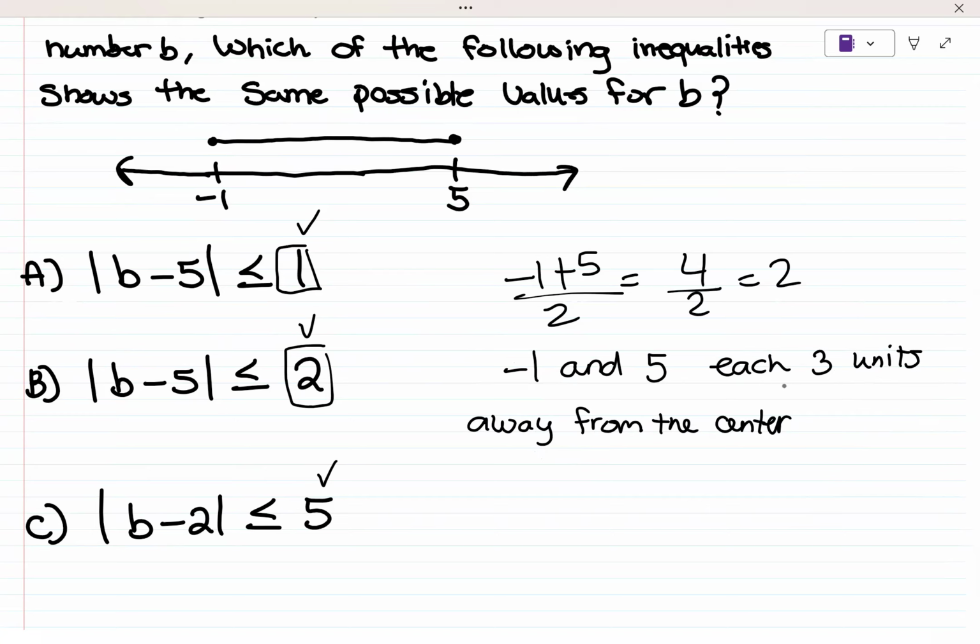Therefore, the distance between B and 2 must be less than or equal to 3.